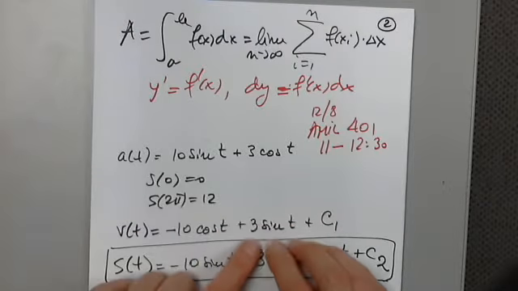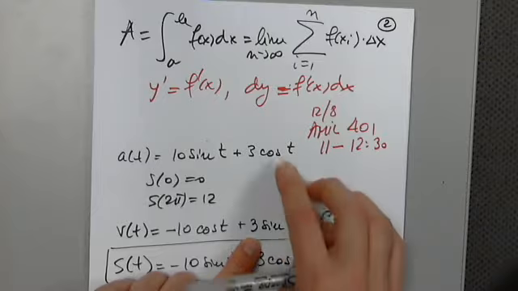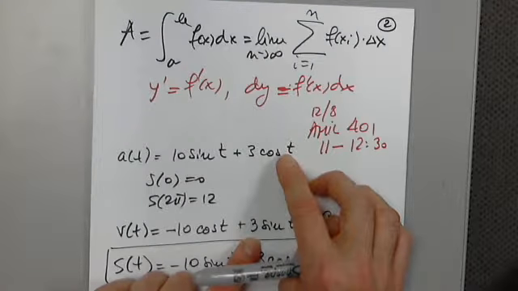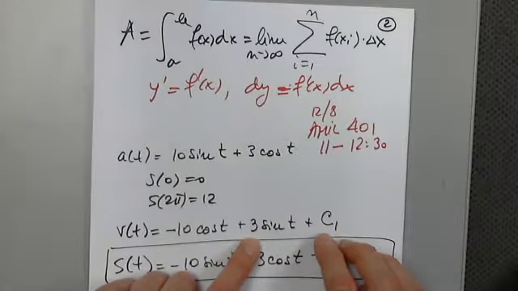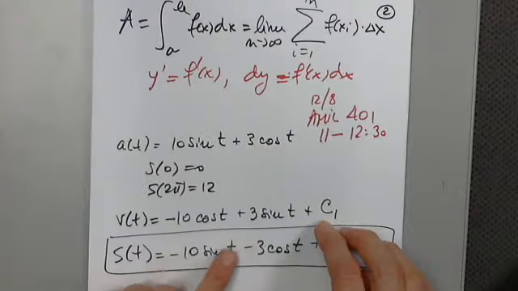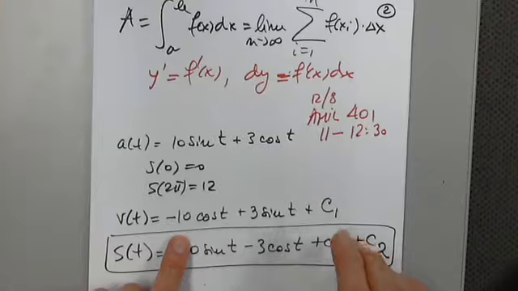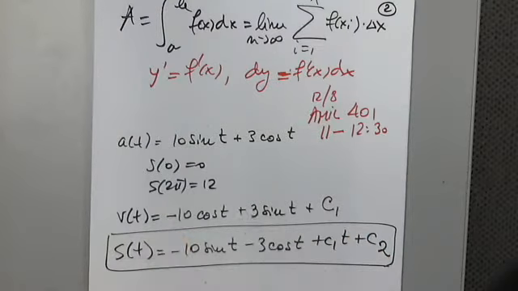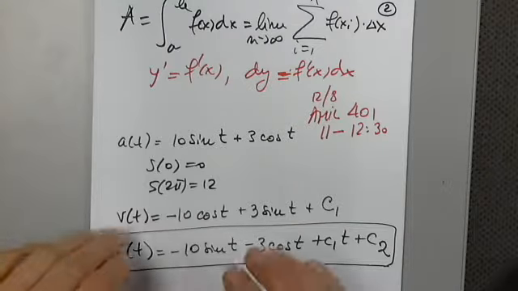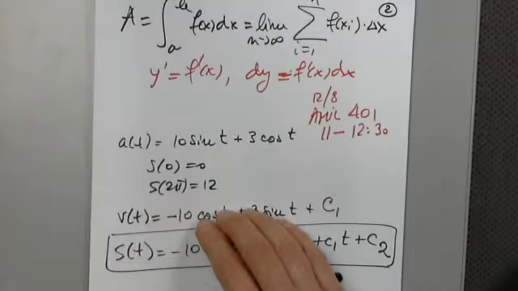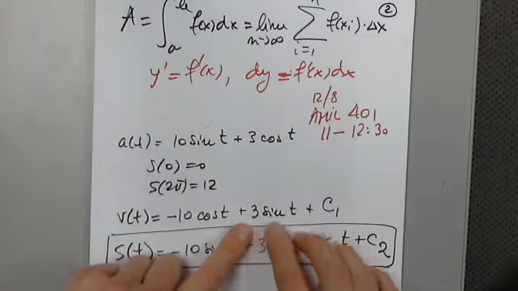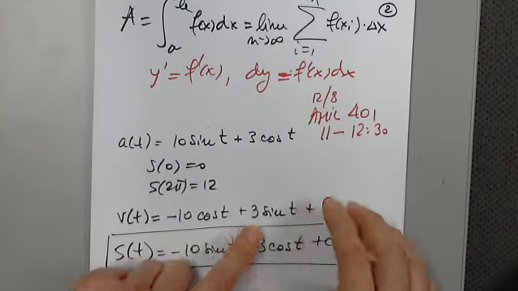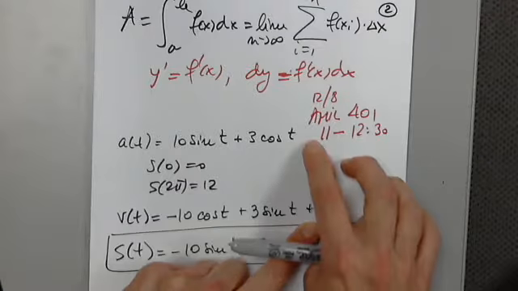Then here, when I differentiate sine, I get cosine. Could 10 be nested, like a chain rule derivation? No, because 10 is just a constant outside. It's a factor. Okay, gotcha. So then 3 sine t prime is this, and c1 prime is 0.